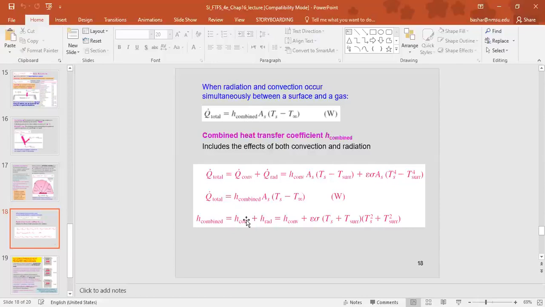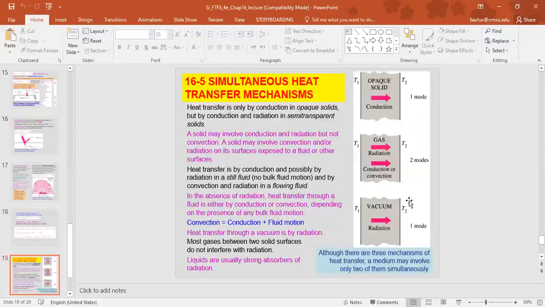The combined coefficient is simply the convection coefficient plus the radiation heat transfer coefficient, where the radiation coefficient is given by epsilon times sigma times the sum of the surface and surrounding temperatures times the sum of the squares of the surface and surrounding temperatures.